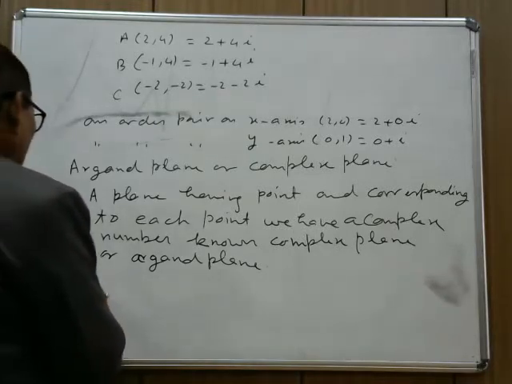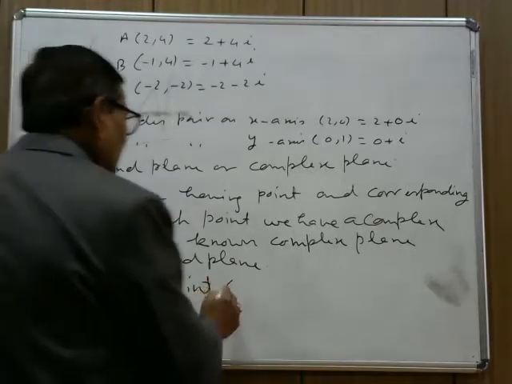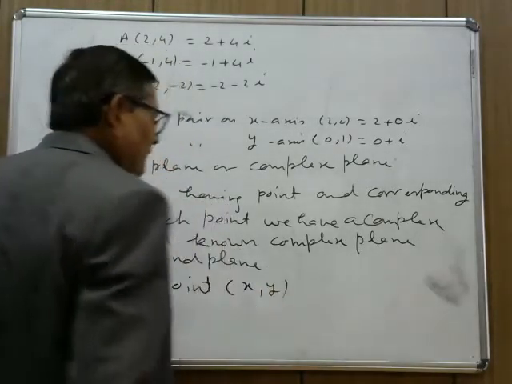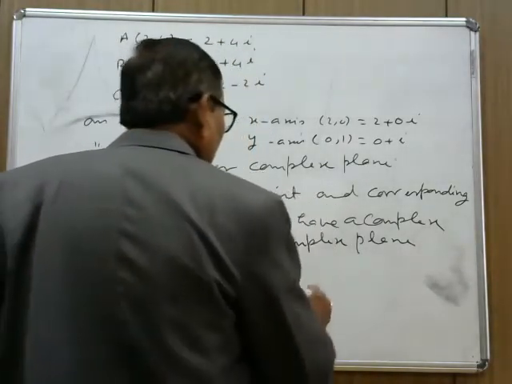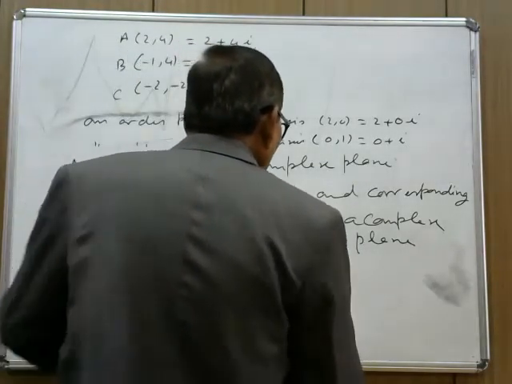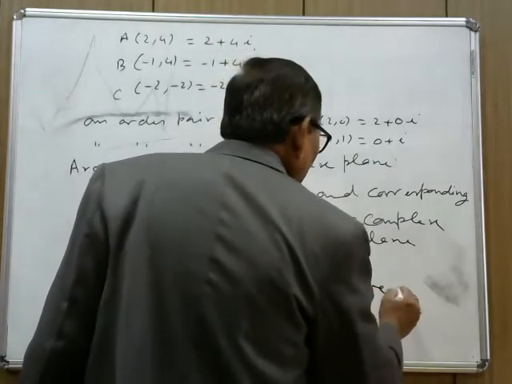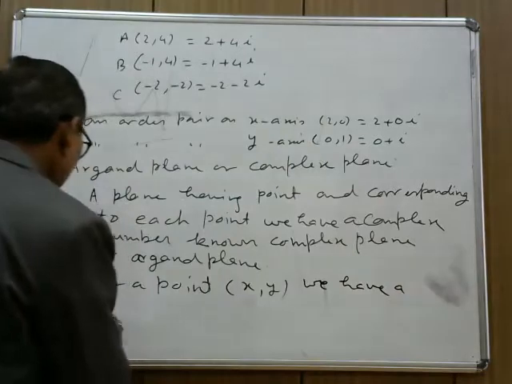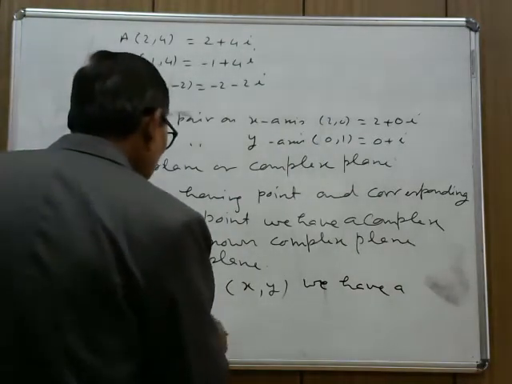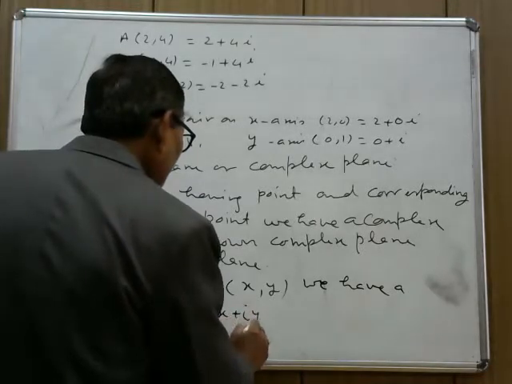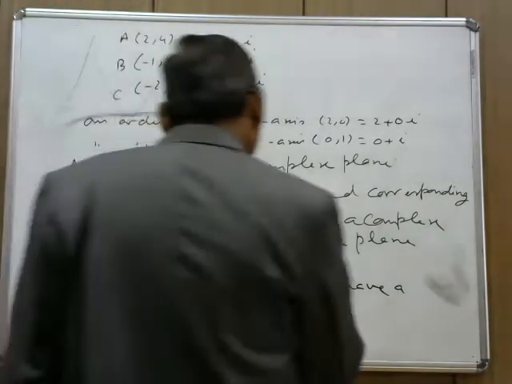For example, for a point (x, y), which is in the form of an ordered pair, we have a complex number z equal to x plus iy, and vice versa.